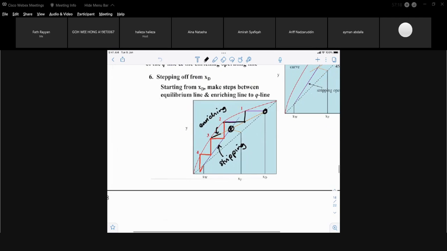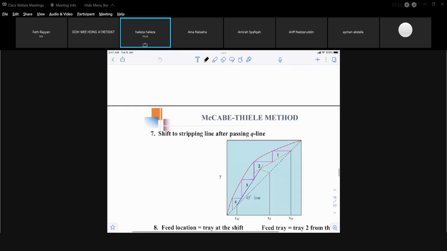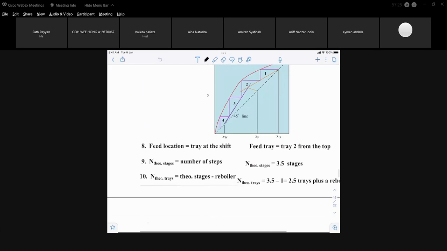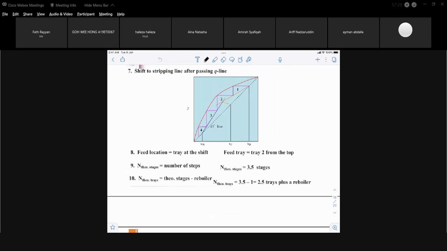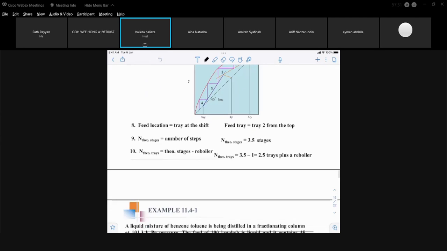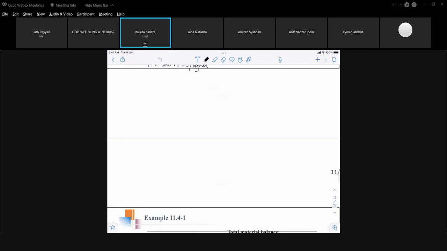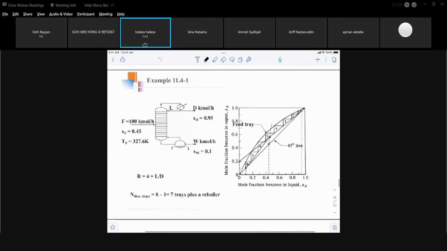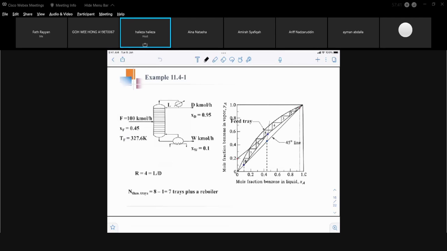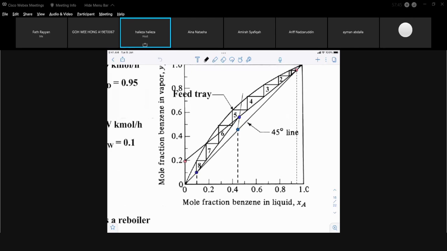That finishes getting the theoretical stages. The same explanation is over here. This is the example that we just did. For the diagram that I got here, I got 8 stages.